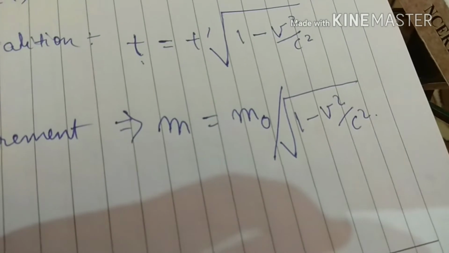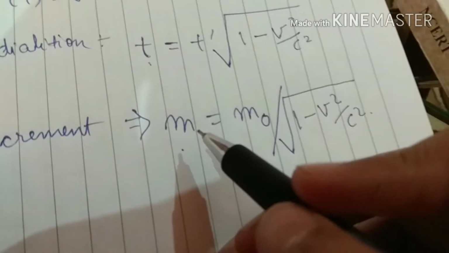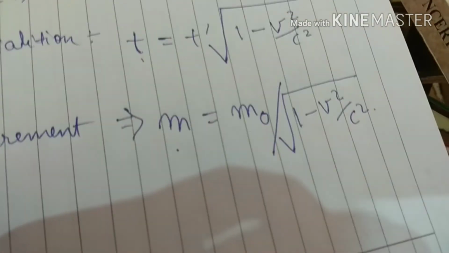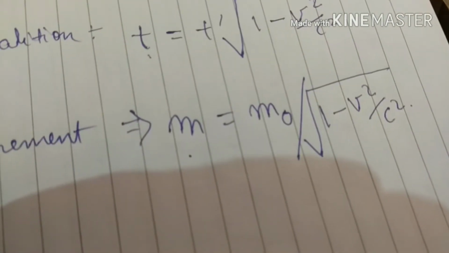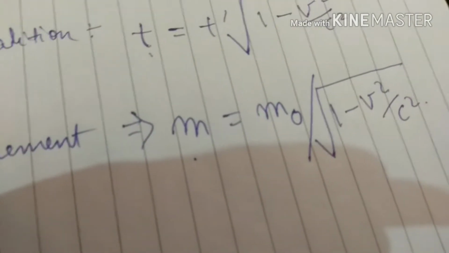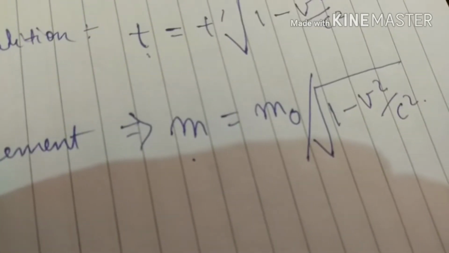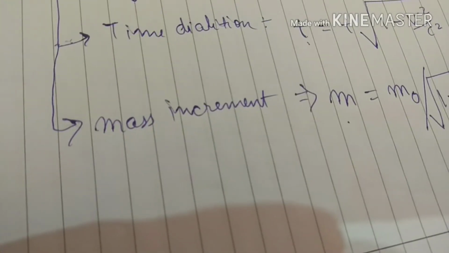What does this mean? This equation means that the body which is in motion will show an increase in its mass. Its mass will not be the same as it was at rest.